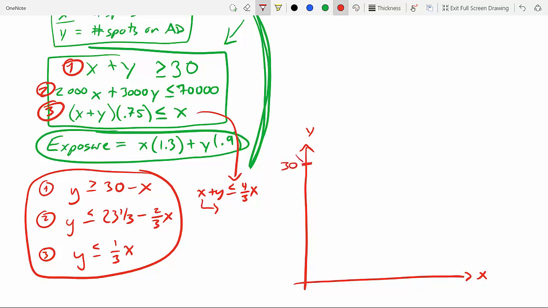So that's my y-intercept. We'll come down here at x equals -1, it's going to cross here at 30. This is equation 1. Equation 1 will be shaded. If we plug in 0, 0, 0 greater than or equal to 30 is not true, so this is going to be shaded above.